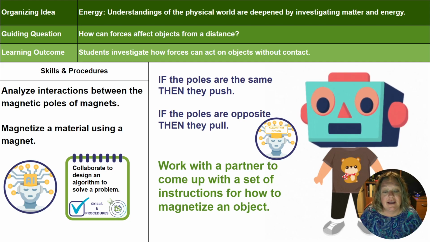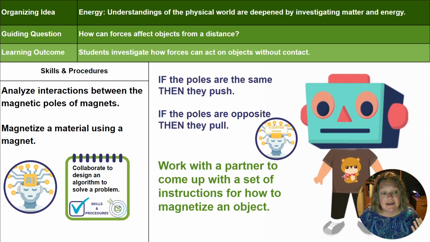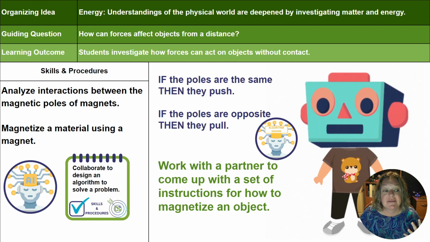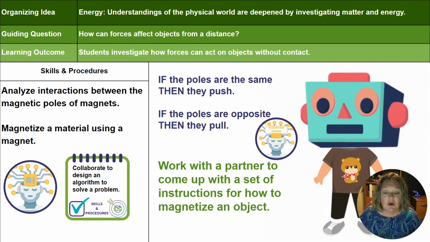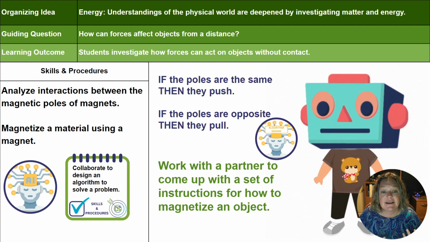And we could ask for the magnetizing a material, which, as I say, is a pretty simple thing. Just tell students you need to figure out how to magnetize something, and you can work with a partner and come up with a set of instructions that someone else could follow, and then you're going to give those instructions to someone and they're going to follow them, and we're going to see if their thing gets magnetized.